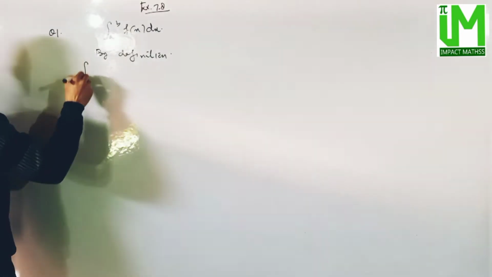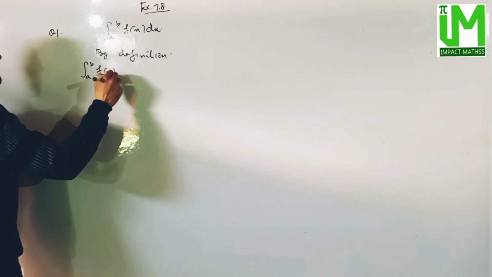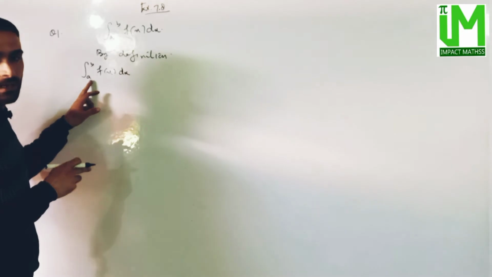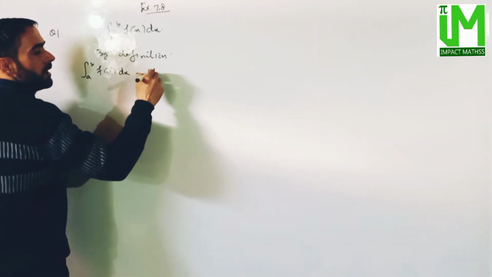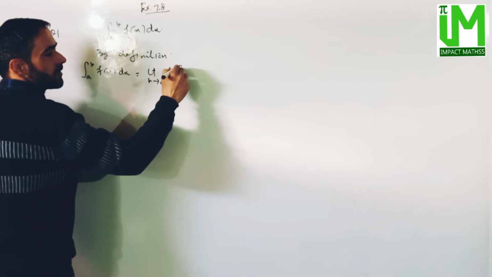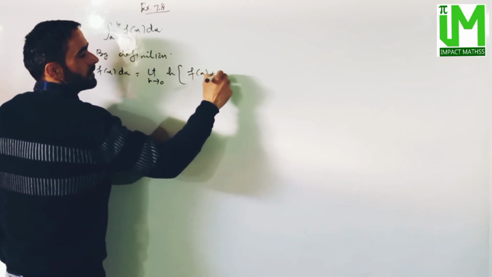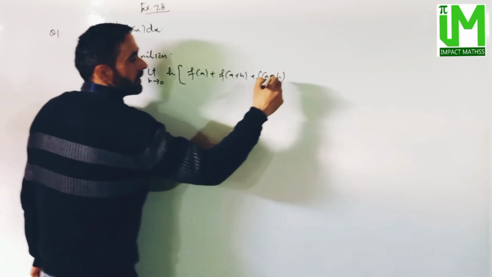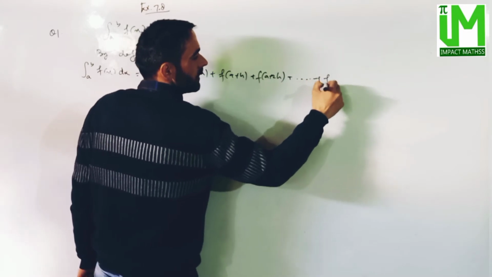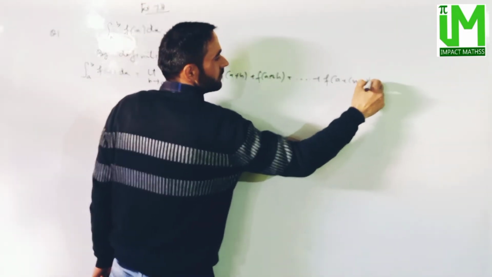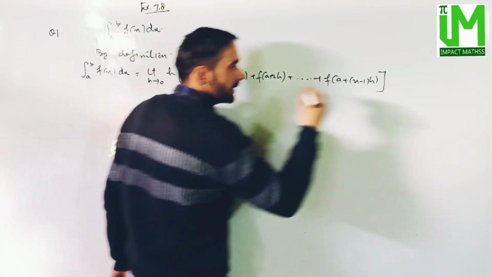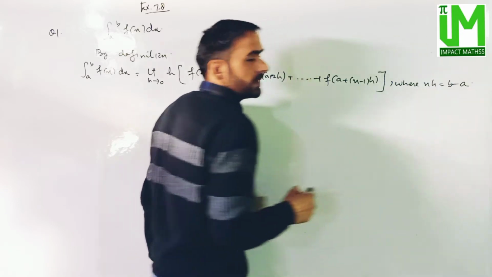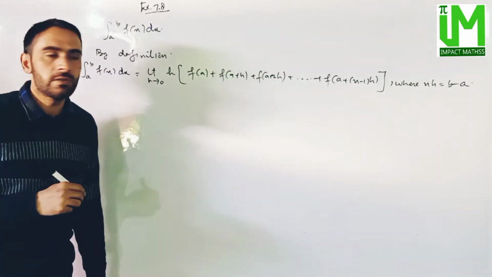The integral from a to b of f(x) dx is equal to limit h tends to 0 of h times [f(a) plus f(a plus h) plus f(a plus 2h) plus up to the last term, f(a plus (n minus 1) h)]. But here nh is equal to b minus a.